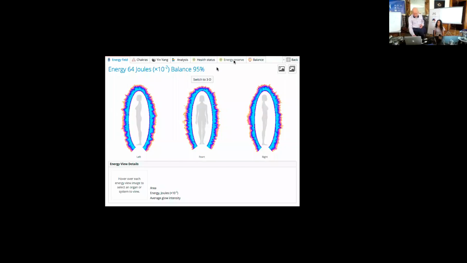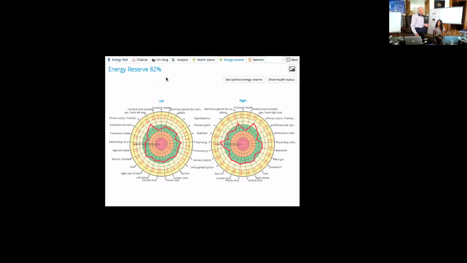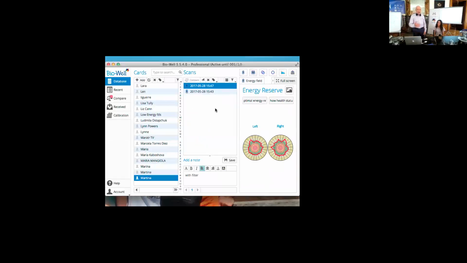With filter, energy reserve is 82%. You see. So we understand that the physical body is good, but emotionally we have something to fight with. Okay, so that is why filters are quite good, to show people what it is, to show for yourself, to be sure.